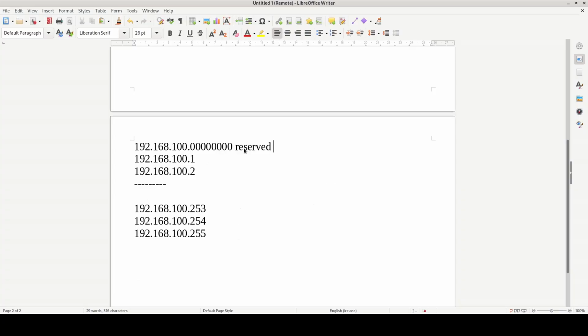When we get all 0 and when we get all 1, we keep them as reserve, right? And when you see all are 1, 1, 2, 3, 4, 5, 6, 7, 8, we call it broadcast.